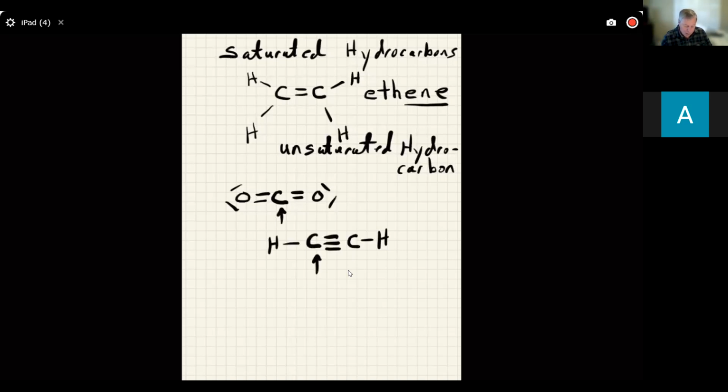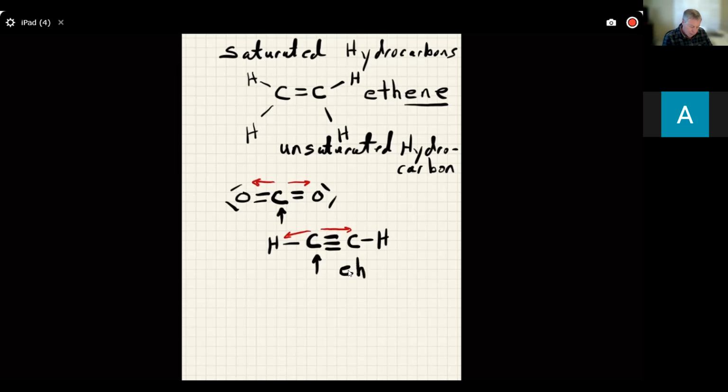So a single bond to that hydrogen to the left, and a triple bond to the right. You got a double bond here and a double bond here. Again, look, carbon always has 4 bonds. But now, this is called ethyne. 2 carbons.